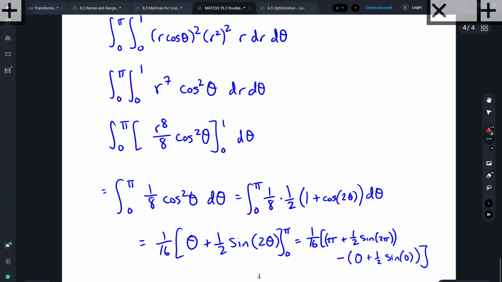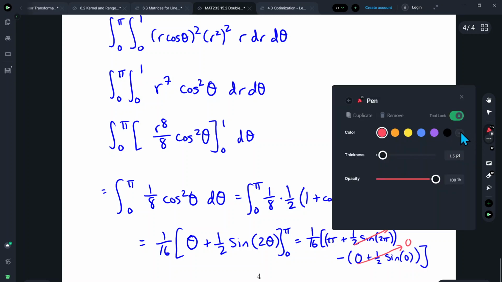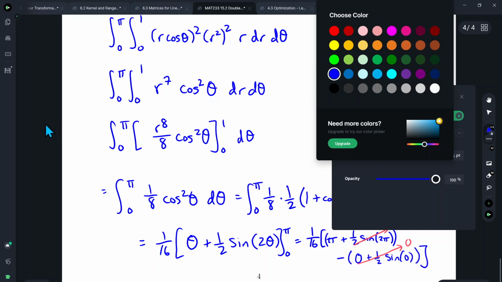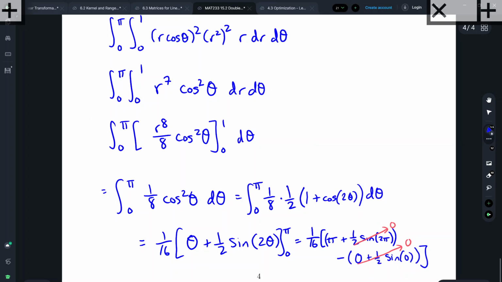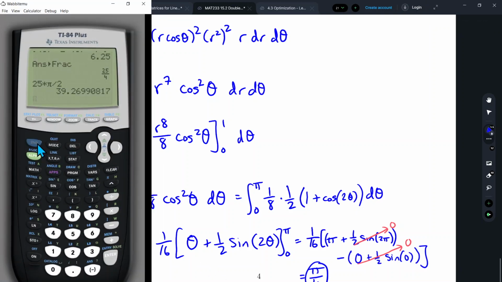So sine of 2 pi is 0, and sine of 0 is also 0, so both of these are also 0, and so I'm left with just 1/16 pi. So this is equal to pi over 16, and if we want to write the answer as a decimal, it comes out to 0.1963.